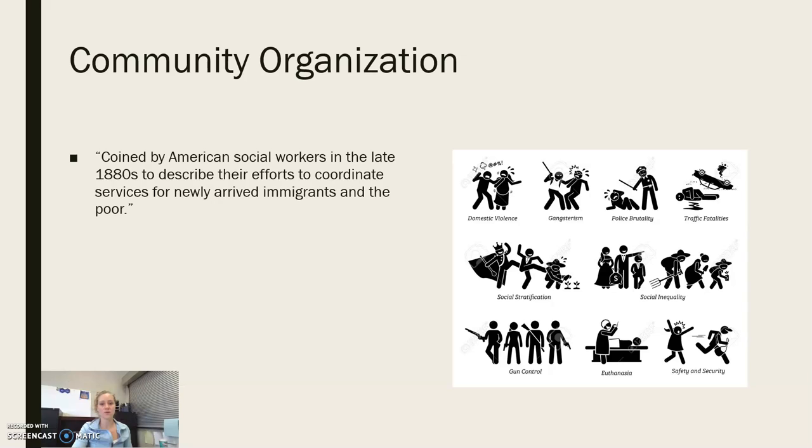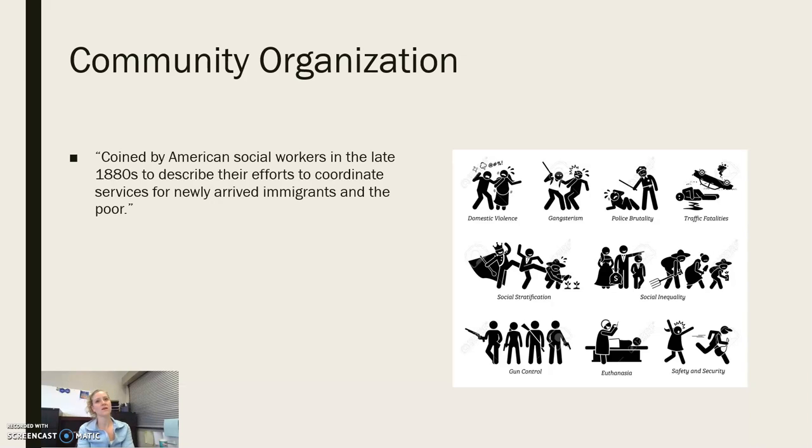And if you look at this picture, look at all the different social issues. This is just an example, but they all exist in some capacity, right? Domestic violence, gangs, police brutality, traffic accidents, social stratification.